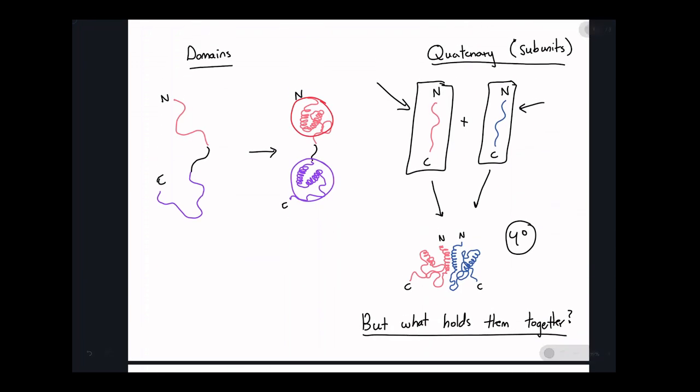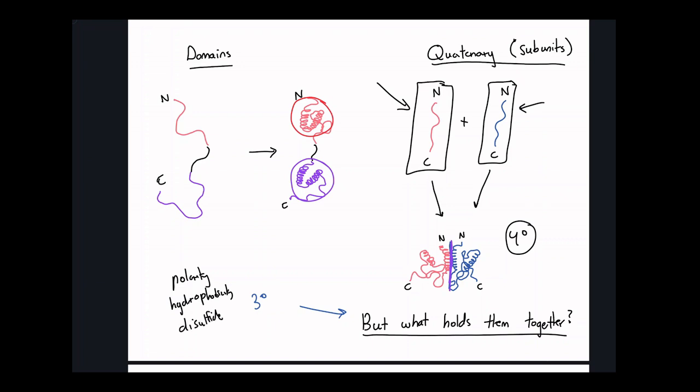Question is, well, what would hold these things together? And the answer is everything that also worked for tertiary structure. The interface between these two proteins is where they want to bind, so we need to make sure we match them in terms of their shape, their polarity, their hydrophobicity. Perhaps they can also be disulfide bond connected, right?